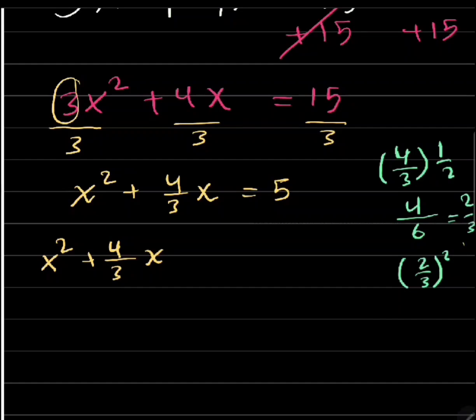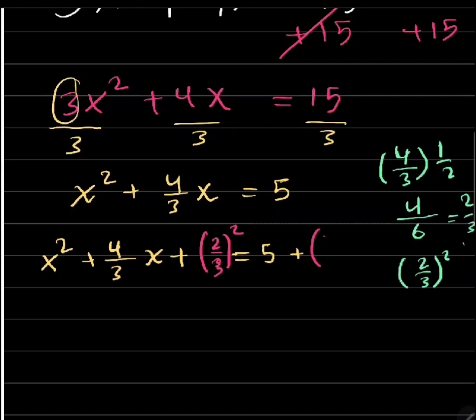x squared plus 4 over 3 x plus, and I'm going to put down 5 plus. Now I am going to write down this 2 over 3 squared on this side and 2 over 3 squared on this side as well.